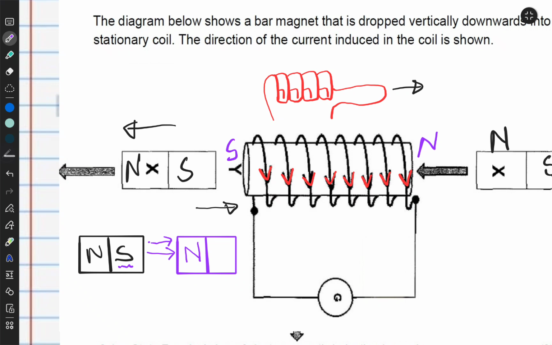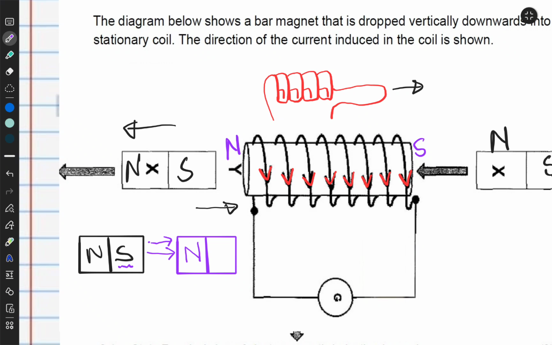So when the magnet is moving inside, this is our north, that's our south. When the magnet is now moving out, this becomes our north, and that becomes our south. So you see, it flips. Those are two separate situations, and they result in two different polarities. It's like the polarity is rearranged in a sense.